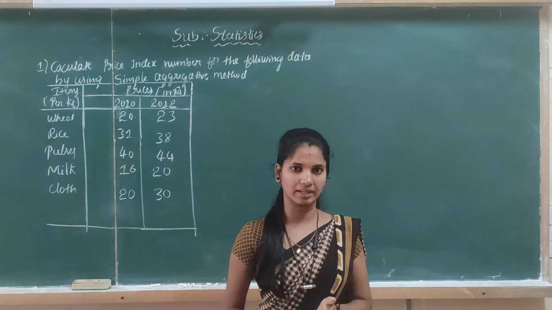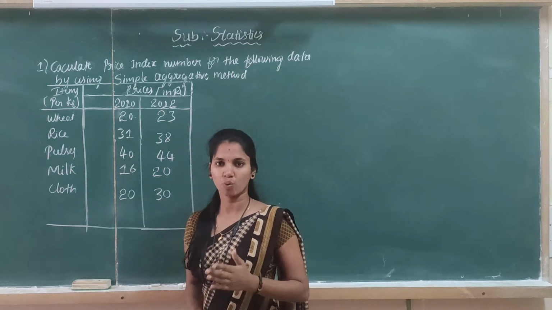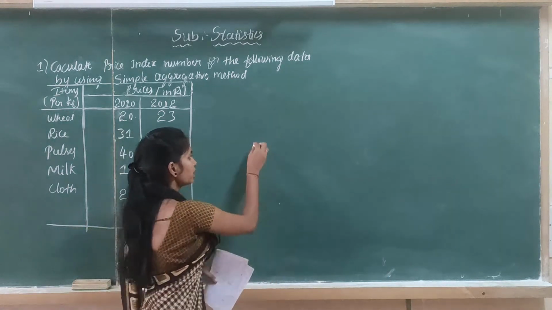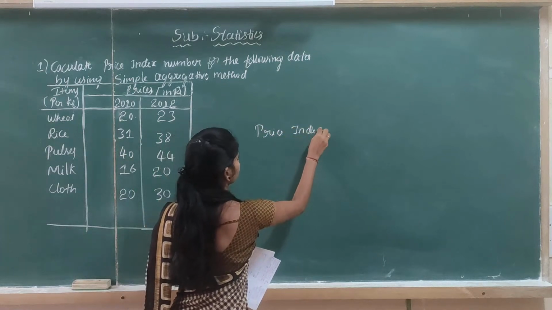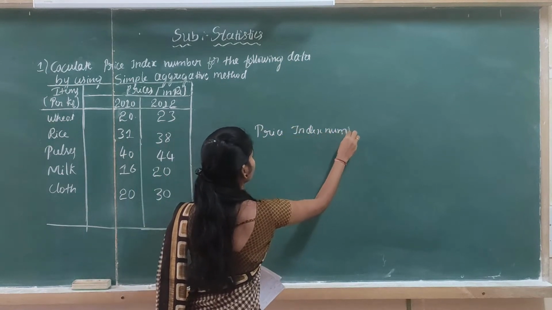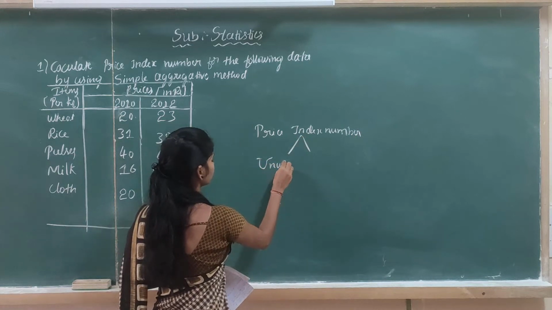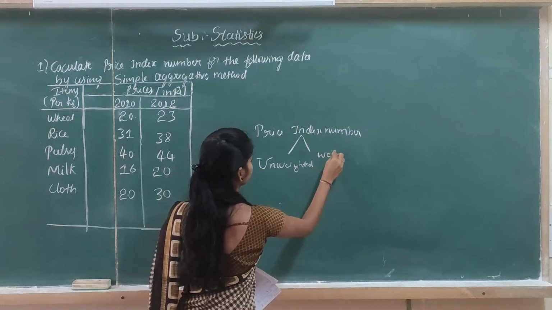As we already know, there are mainly three types of index number: price index number, quantity index number and value index number. Here the price index number can be divided into two types, unweighted and weighted.